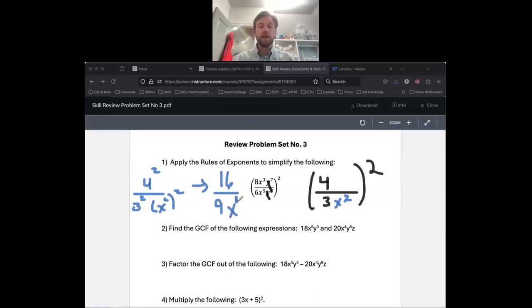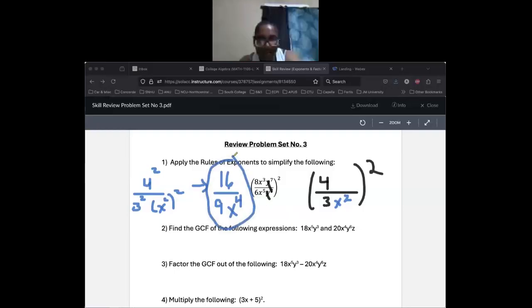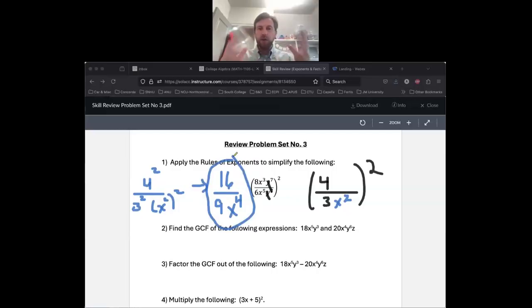And so that gives us 9x to the 4th. That's the answer right there: 16 over 9x to the 4th. So you had to do a lot: quotient rule, negative exponent rule, power rule, simplify a fraction. It's got it all. This is exactly the sort of problem you would anticipate seeing on the upcoming test.